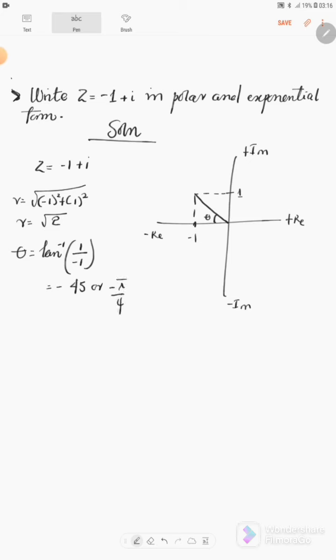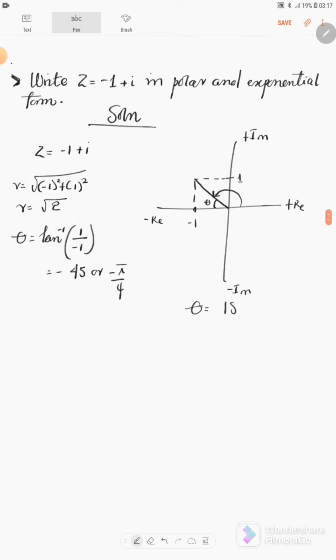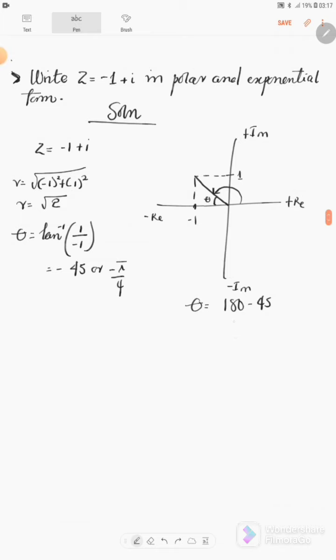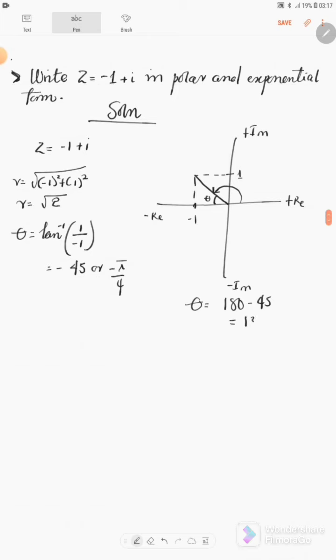Now what we're looking for is the angle from here to here. That's what theta equals to: 180 minus 45. We've gotten this angle here as 45 degrees. So theta will be 180 minus 45, giving us 135.